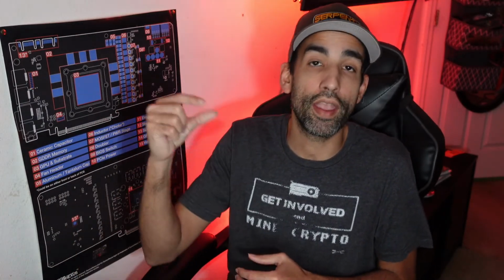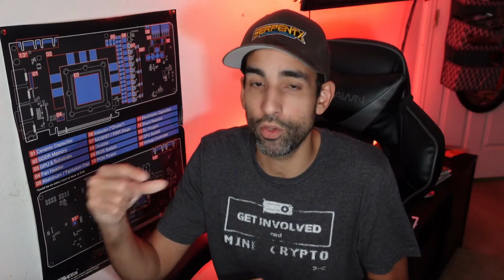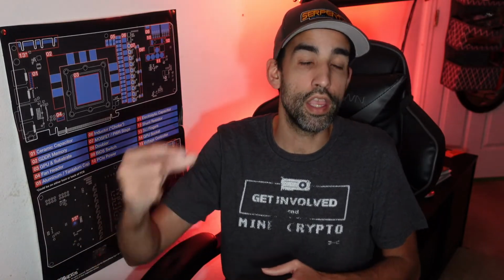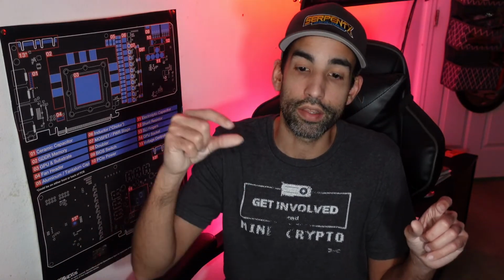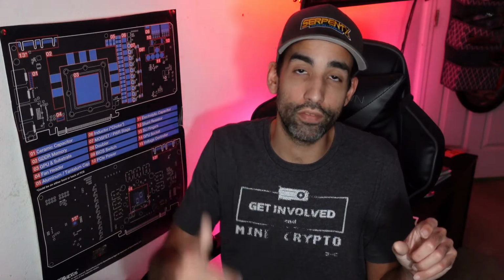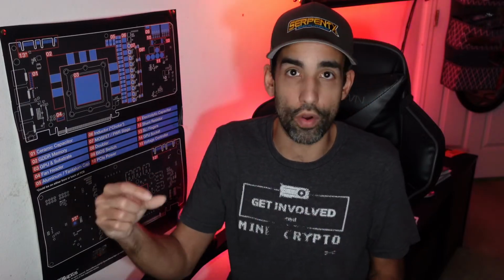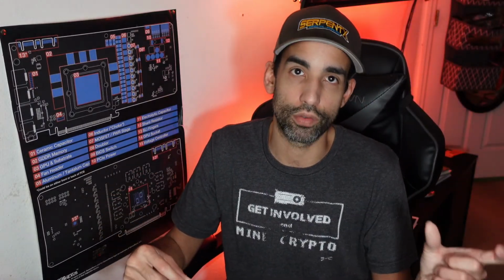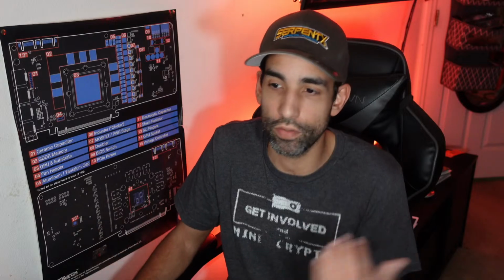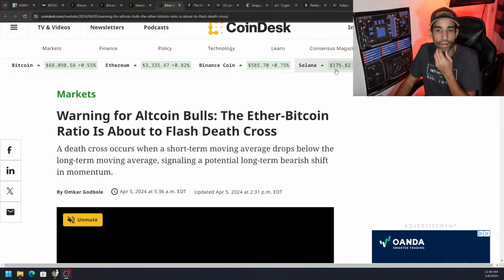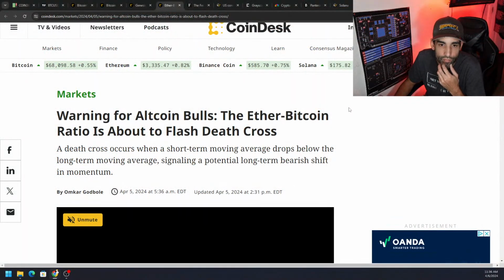So even if you can't find that diamond in the rough that could make you a 10x, a 20x, a 100x, if you own the ecosystem token that coin belongs to or lives on, you could wind up getting the proceeds of that coin pumping just because you have the ecosystem token. You see what I'm saying? I'm not sure if that's making sense because I did a horrible job explaining that.